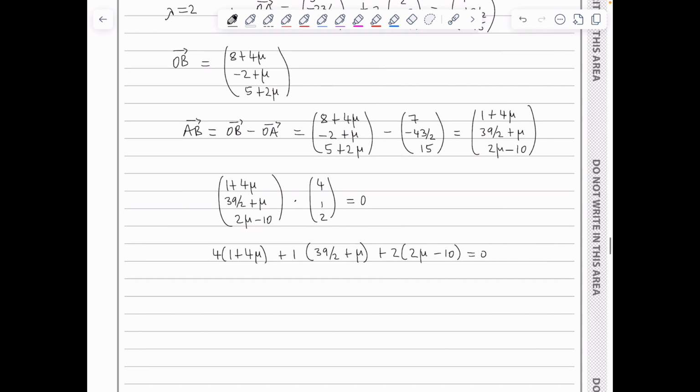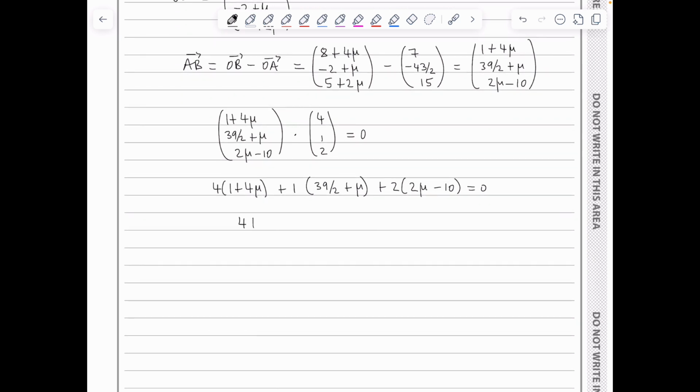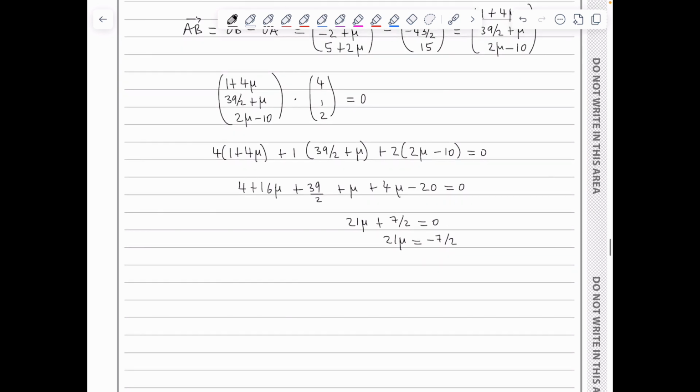I will expand this to get 4 + 16 mu + 39/2 + mu + 4 mu - 20 is equal to 0, which leads to 21 mu + 7/2 is equal to 0. So 21 mu is minus 7/2, and if I divide both sides by 21, this leads to mu being minus 1/6.